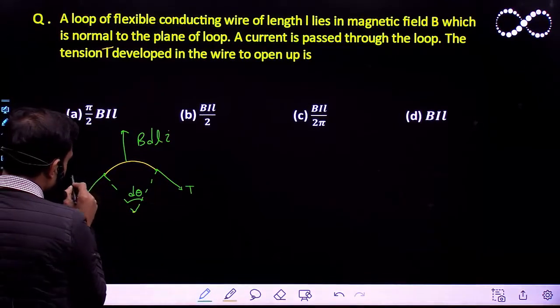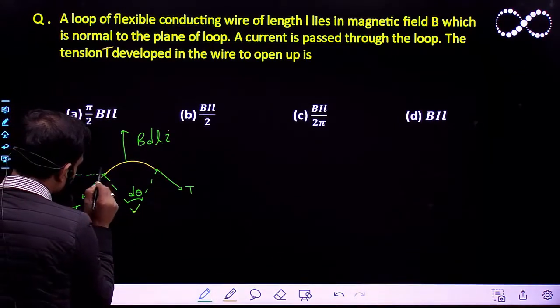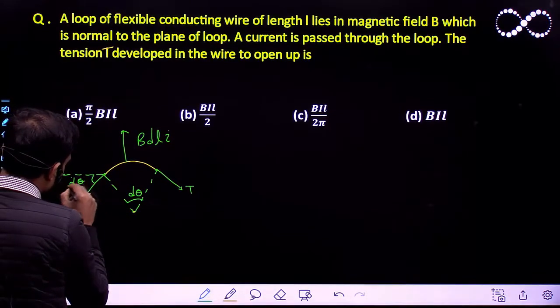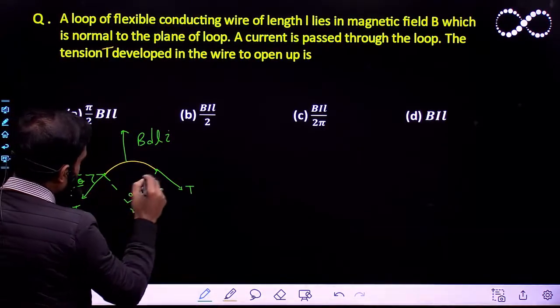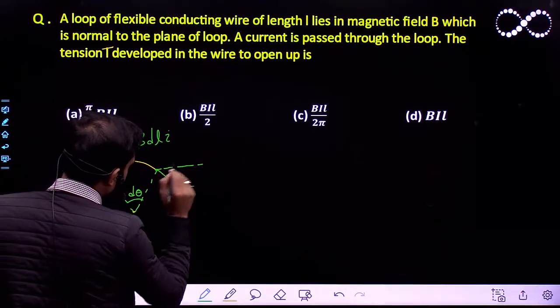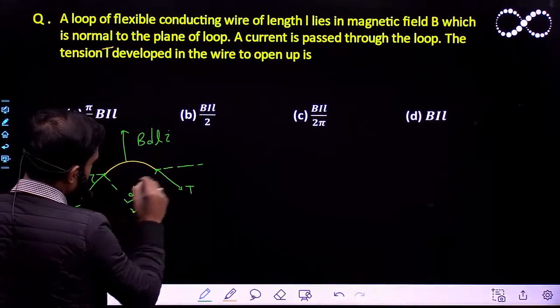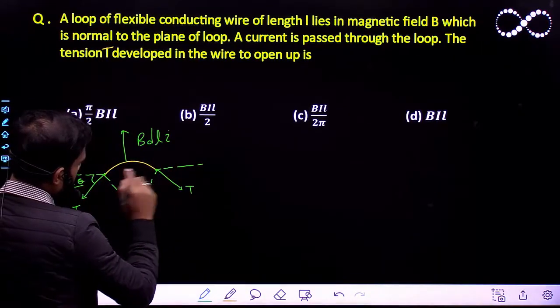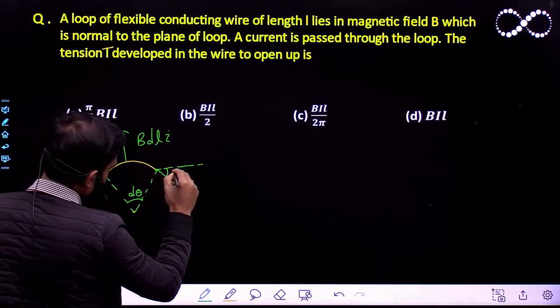If I take this line, this angle will be d theta by 2, and similarly here this angle will also be d theta by 2.